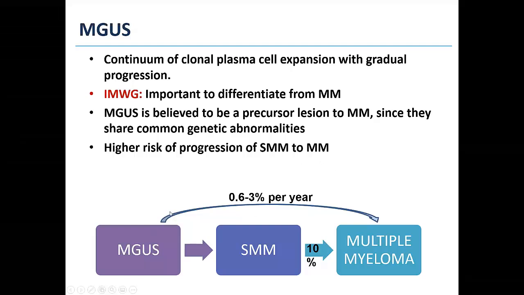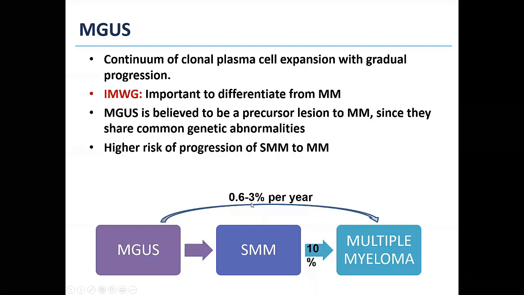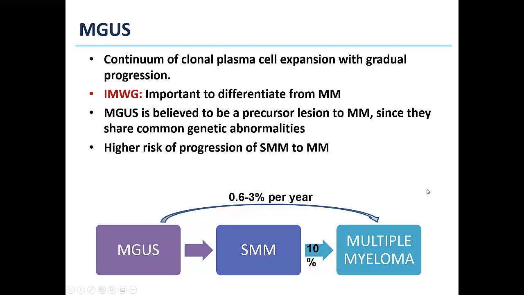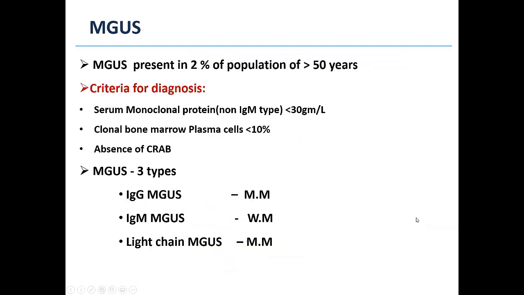But MGUS is a slow growing disease, and what we find is 0.6 to 3% per year of these cases will go on to multiple myeloma. On the other hand, smoldering multiple myeloma, 10% of the cases will go on to multiple myeloma per year. In a population study, it is present in 2% of the population.